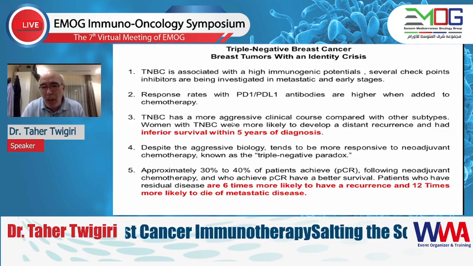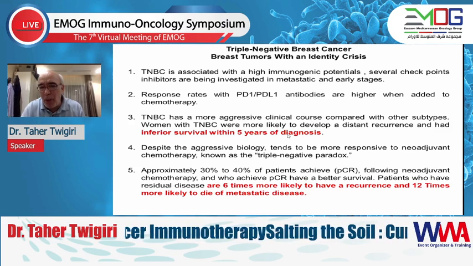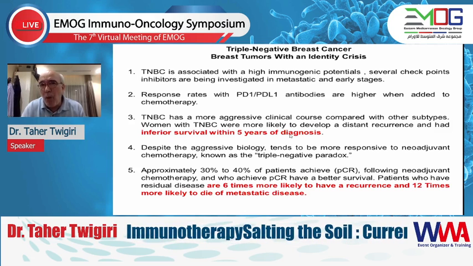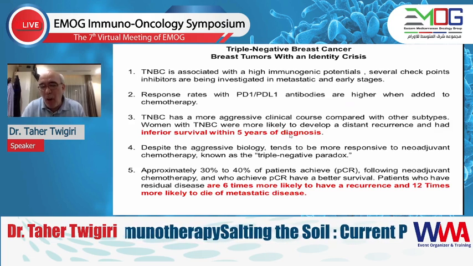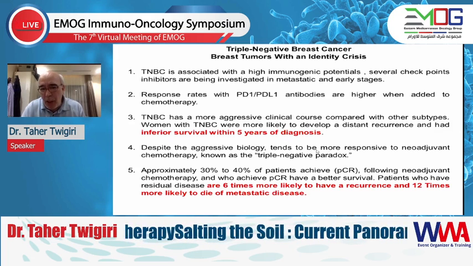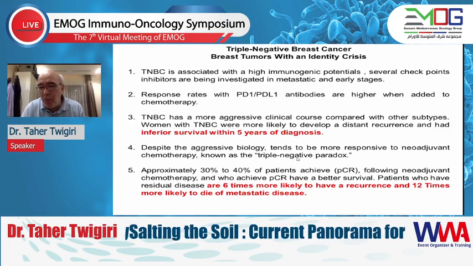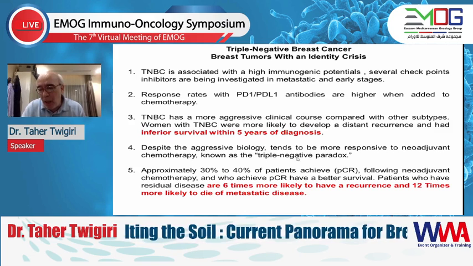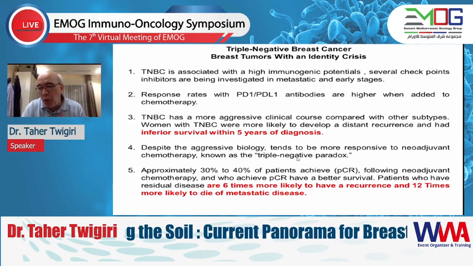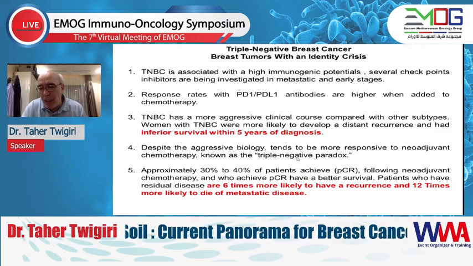The triple-negative, which is 15% of our practice, has a more aggressive clinical course and indeed inferior survival within 5 years of diagnosis. Despite aggressive biology, it tends to be more responsive to neoadjuvant therapy, which is called the triple-negative paradox: patients respond, but relapse early and die from the disease.